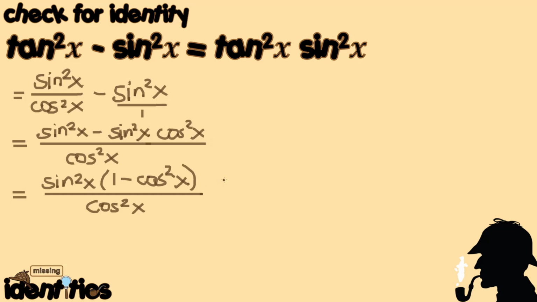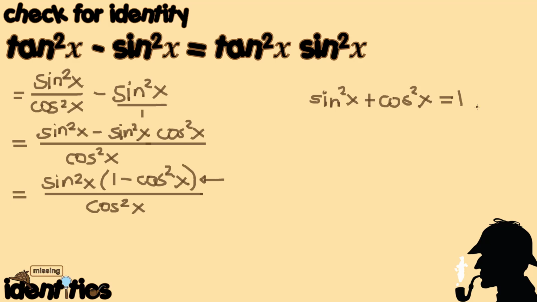What happens here is, look closely at this term, the 1 minus cosine squared x. One of the Pythagorean identities that we know is this one here. The sum of sine squared x plus cosine squared x on the same angle x is equal to 1. This is a Pythagorean identity taken from our unit circle.